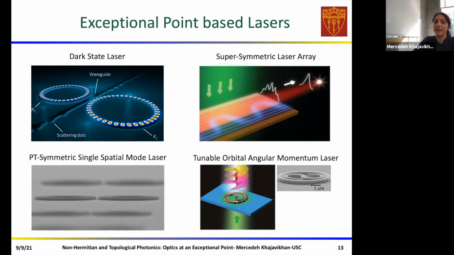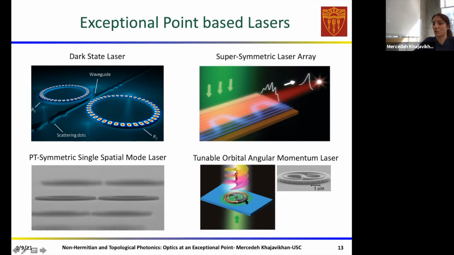of 100. Now, what happens in this system as a laser? If you just have a ring, no ring actually supports just a unidirectional mode, it supports two counter-propagating whispering gallery modes, and the net orbital angular momentum that you get from this system becomes equal to 0.